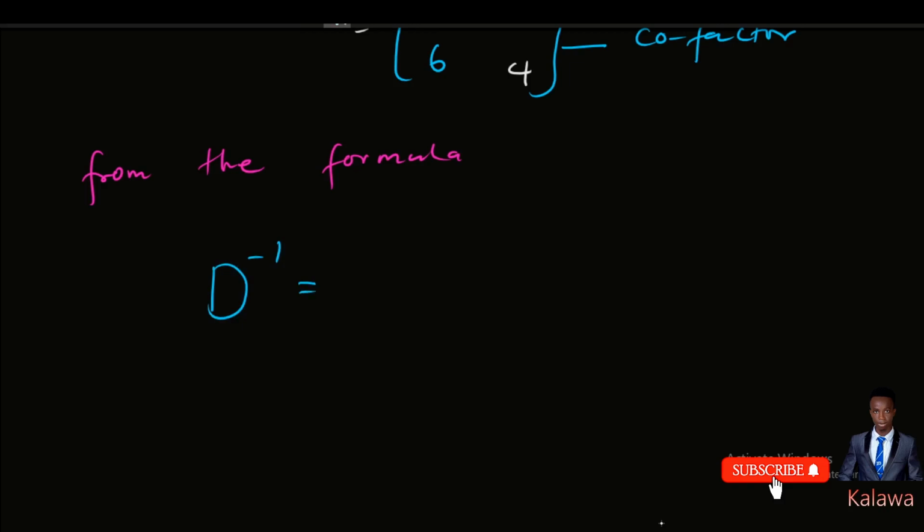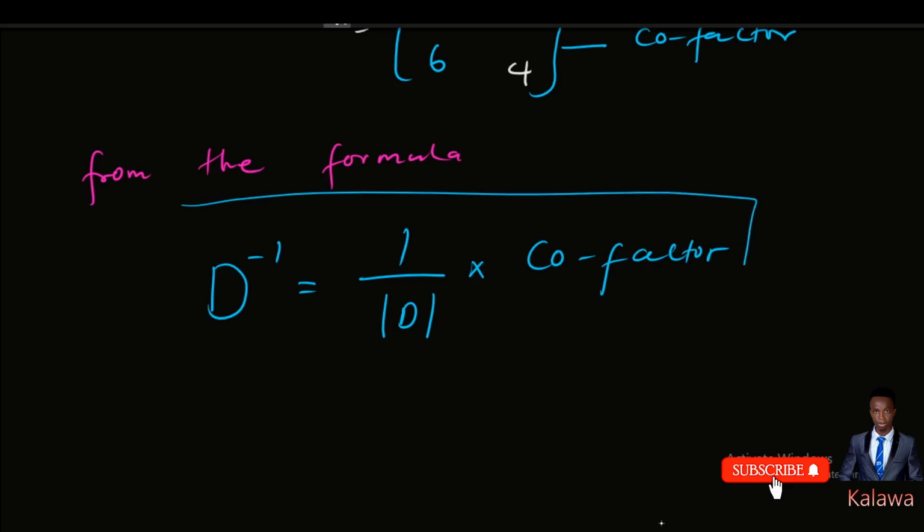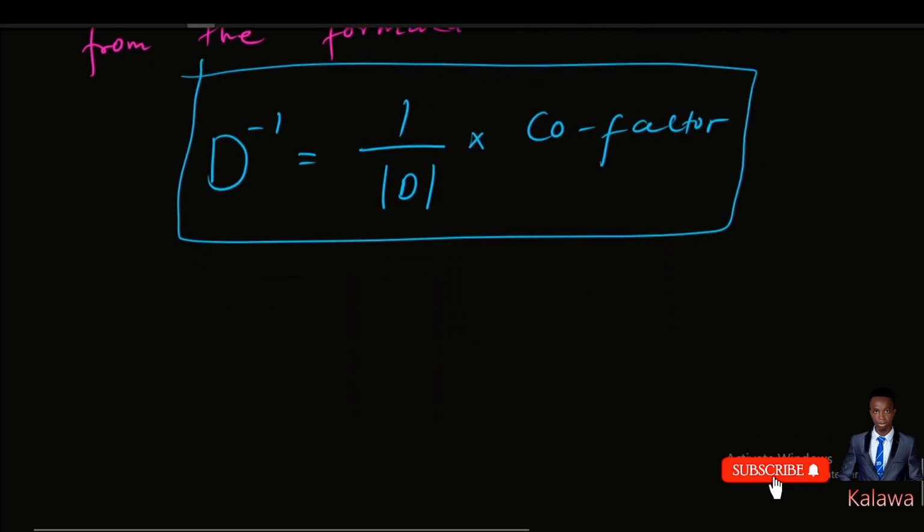We say that D inverse must equal 1 divided by the determinant of D multiplied by the cofactor. And remember, we have already ascertained all these elements, so now we just need to input them into the formula.